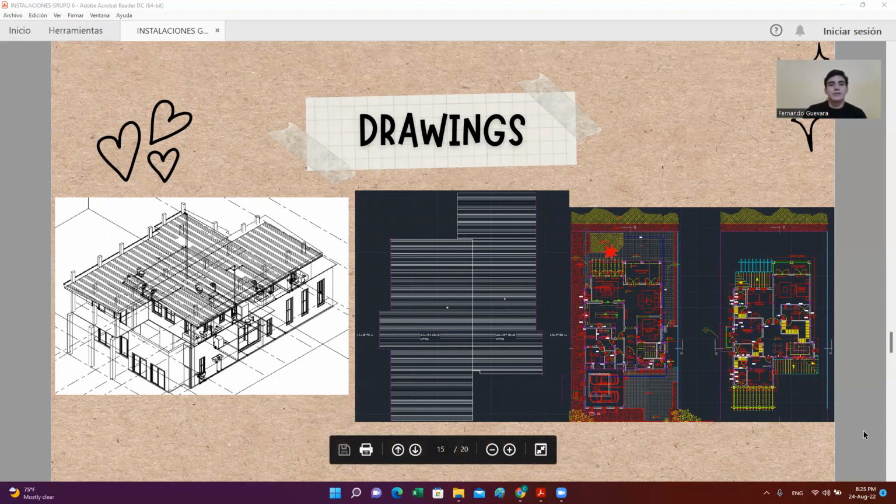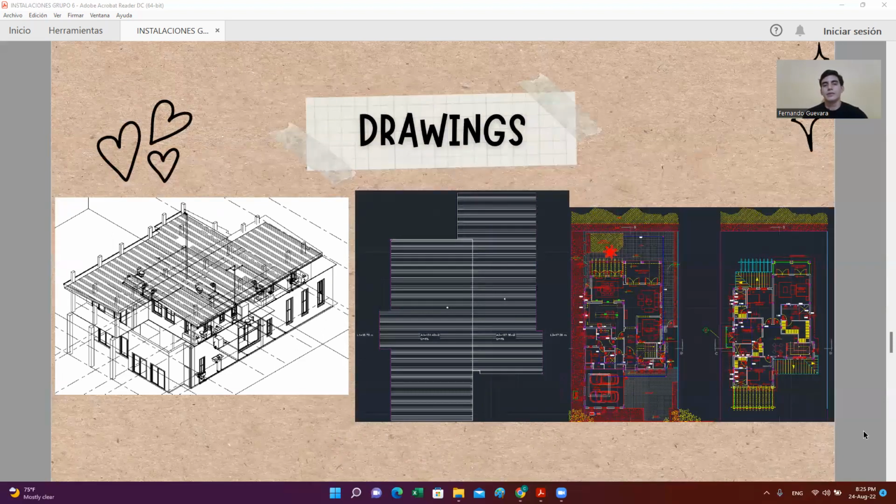This image shows the isometry and plan view of the water drainage system. You can see to the east, the pipe going down and the gutters in the perimeter.